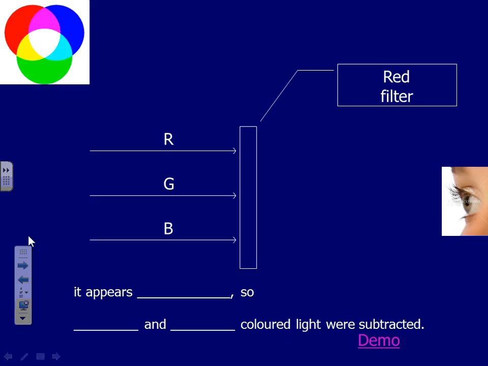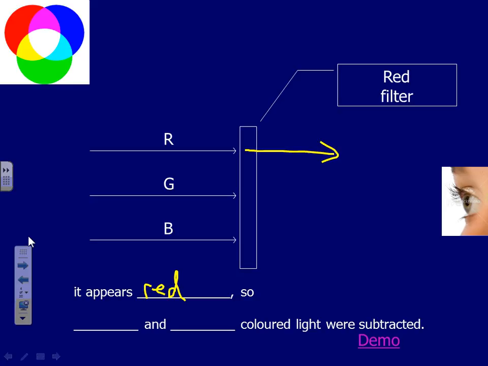Well, if I have a red filter, here I've got one right here, and if I shone white light through that red filter, how does it appear to your eye? Red. It's really simple. This is an obvious one. It appears red. So if red was the only one to get to our eye, what had to happen to the other colors?